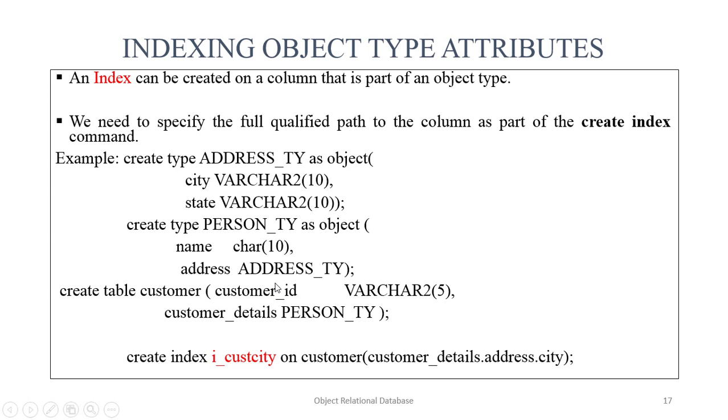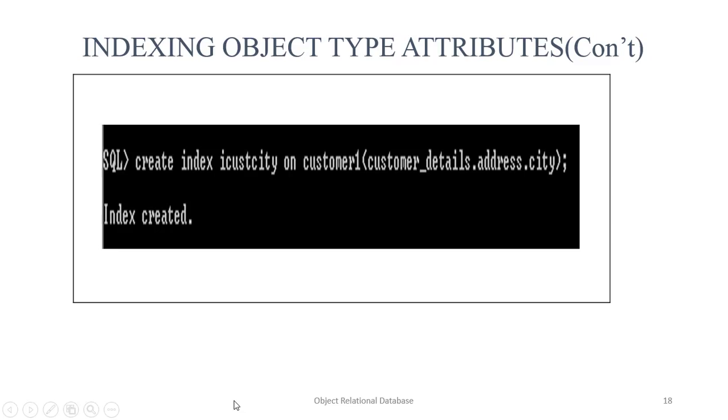But customer details is of an object type, and it contains attributes in turn such as name, city and state. But these cannot be accessed directly. Hence, if they have to be accessed, then the column names of those particular attributes have to be specified. In this way, the ICUS city index is created.